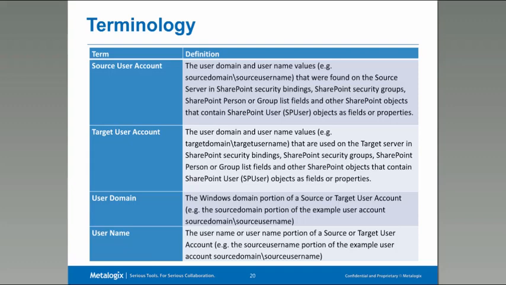To do domain remapping successfully, you have to have either the same usernames on each domain, or you have to create a user mapping file so that we know that John Smith over here is really Barry Jones on the other side, okay?